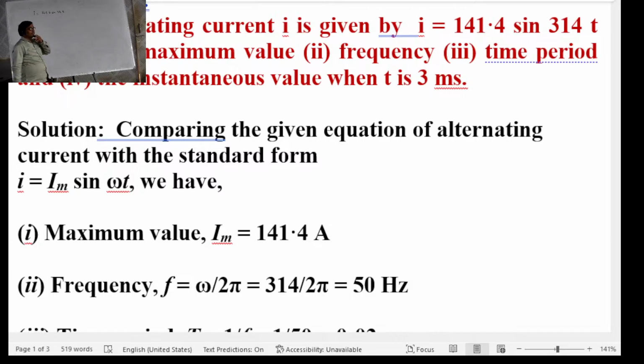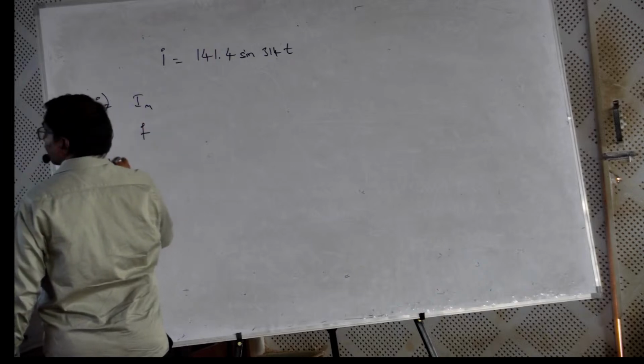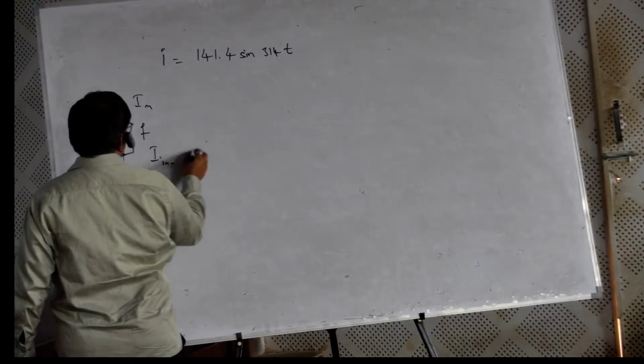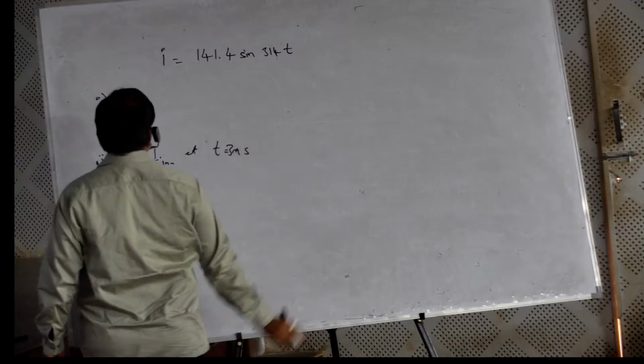Formula is I is equal to Im sin omega t. Compare that equation with respect to this general equation and obtain the different values. What is asked? First one is I maximum. Second one is f. Third one is instantaneous value, I instantaneous at t is equal to 3 milliseconds.